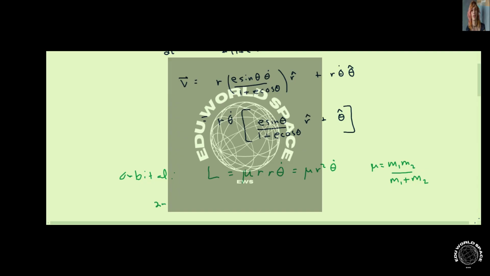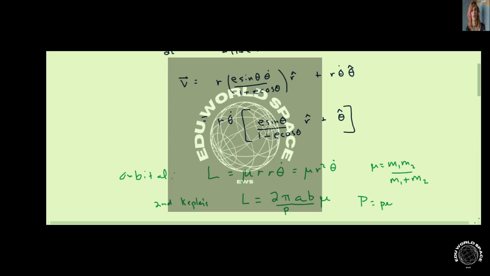This next relationship comes from Kepler's second law, integrating it over a full period. The constant angular momentum is 2 pi over the period times a times b times mu. So remember, a and b are the semi-major and semi-minor axes, and P is the period.